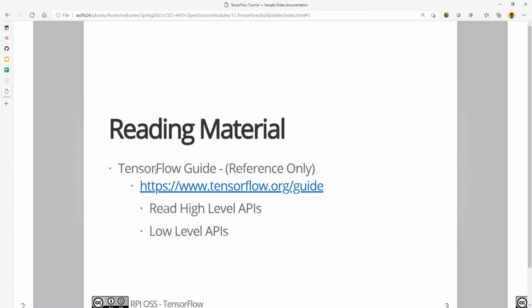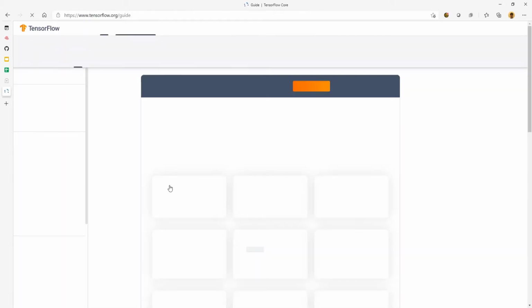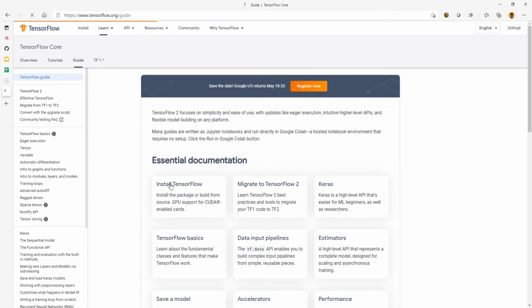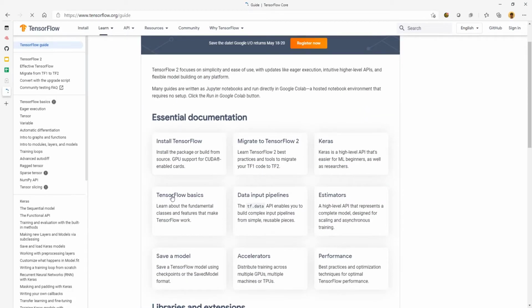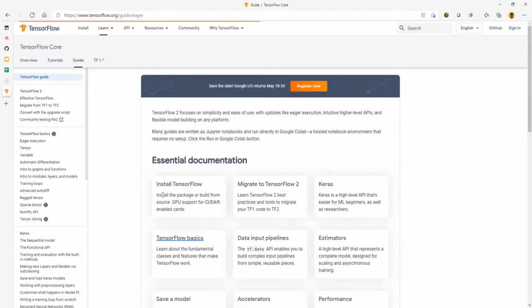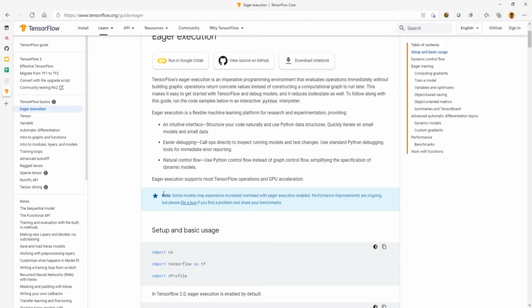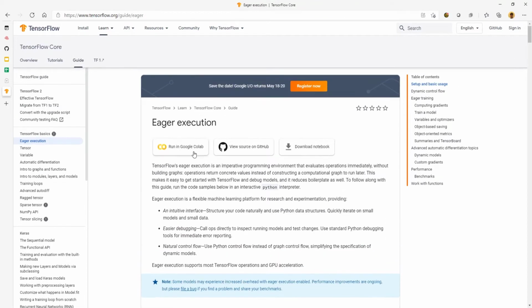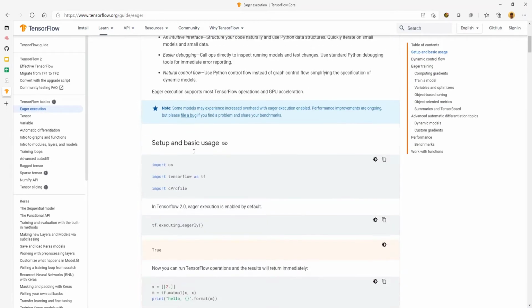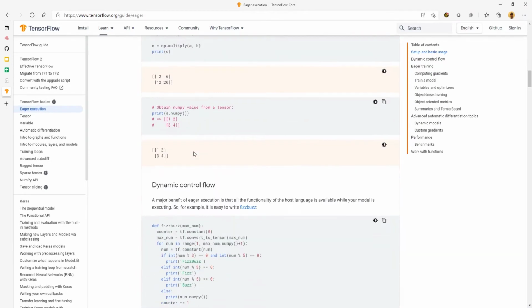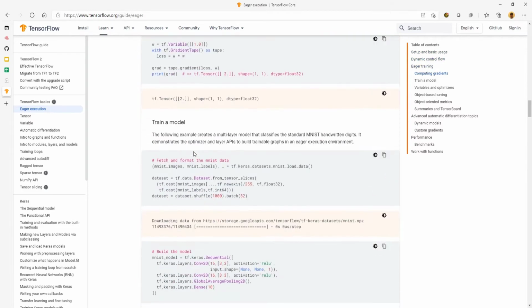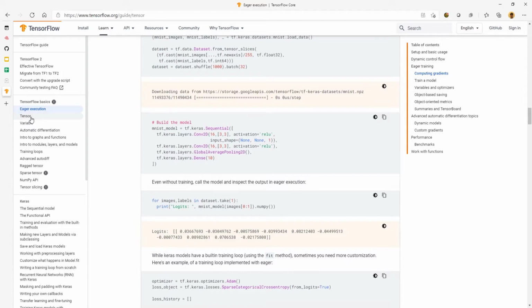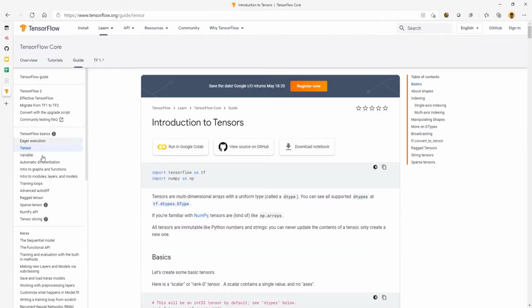If you go to the TensorFlow guide, you can ignore this, the high-level APIs and low-level APIs. What I want you to read are the TensorFlow Basics. If you just read through the TensorFlow Basics, read about eager execution, read about tensors, read about variables.